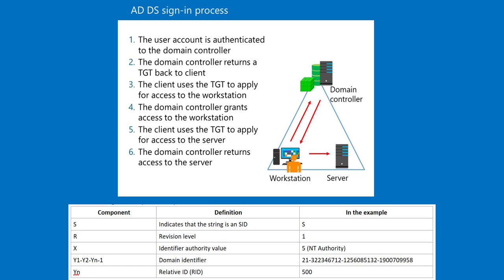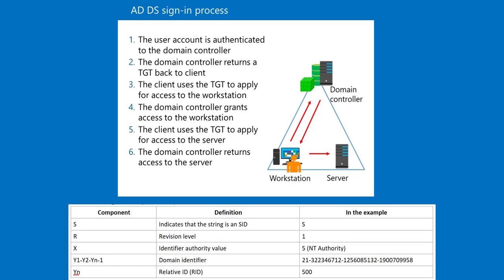Note, a SID is a unique string in the form S-R-X-Y1-Y2-Y-N1-Y-N. For example, a user SID can be S-1-5-21-3223467121-5608513219-0070995850-0. The following table explains the parts of this SID. Component, definition in the example.